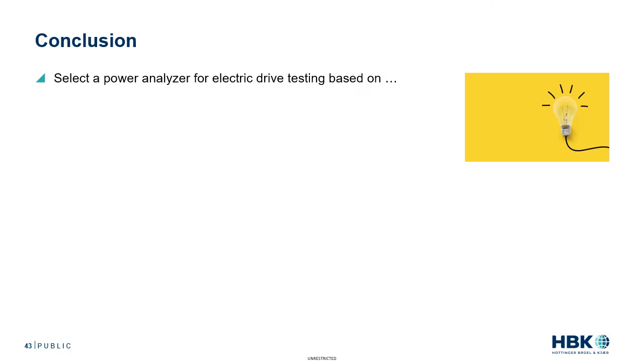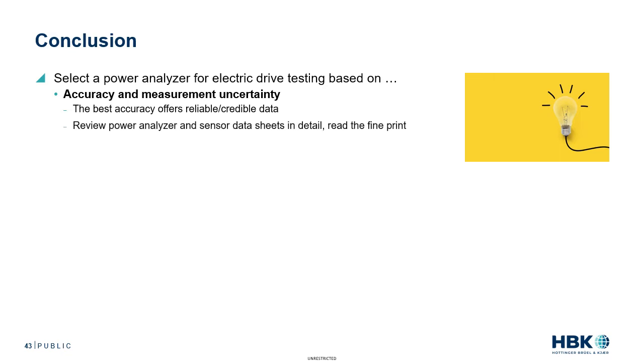It's time for our conclusion. It's time for a review on how to select a power analyzer for electric drive testing based on accuracy and measurement uncertainty. Well, we learned that the best accuracy offers reliable and credible data. And you need to review power analyzer and sensor data sheets in detail, especially you want to read the fine print.